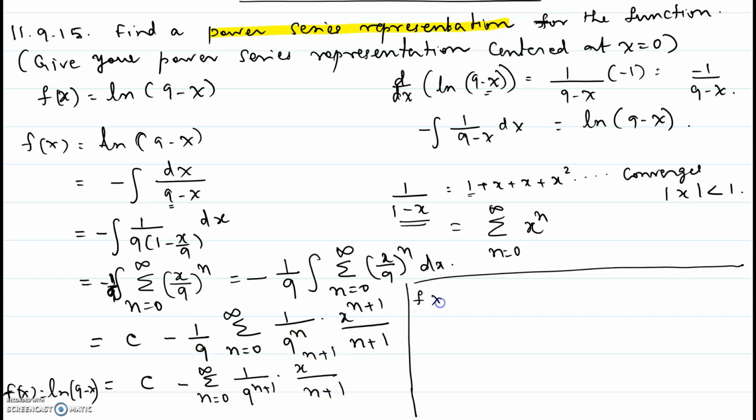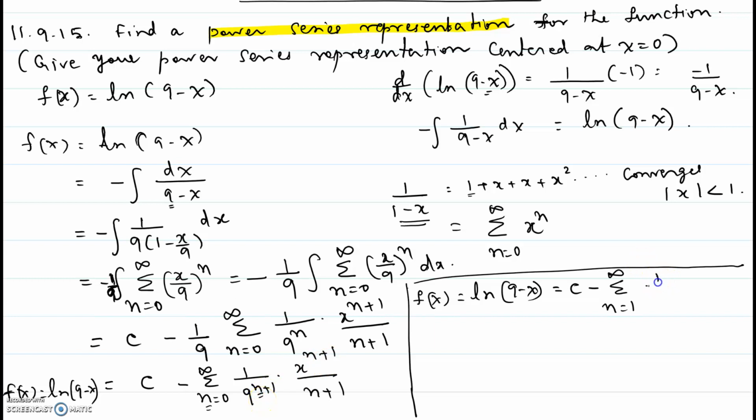We can write f of x equal to ln of 9 minus x in sigma notation in a slightly different way. Instead of starting from 0, if you make it 1 through infinity, if you move the index to the right by 1 unit, you have to move the exponent to the left by 1 unit in the terms inside the sigma symbol.